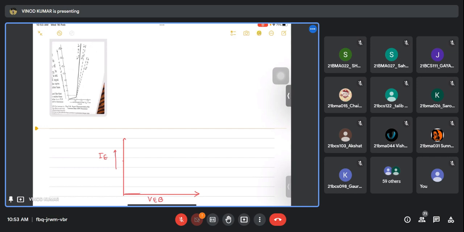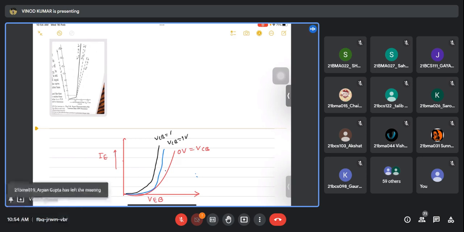So this is for 0 volt VCB. Suppose this is VCB 1 volt, and this is VCB 6 volts.